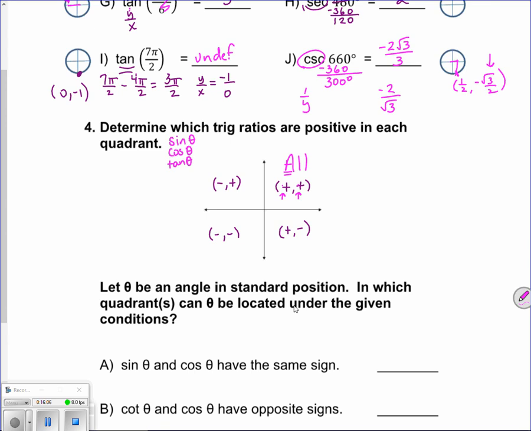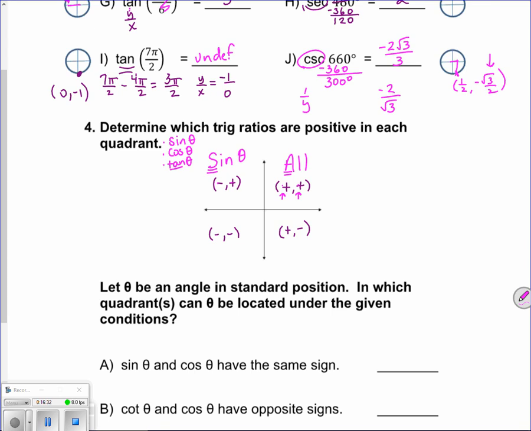In quadrant 2, which one of these is going to be positive? Well, negative x, that's cosine, positive y, so sine is going to be positive, right? What about tangent? Tangent's not going to be positive because you're dividing a positive by a negative. So that's going to be negative. So in quadrant 2, sine is positive.